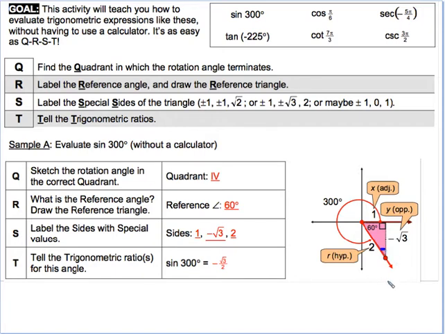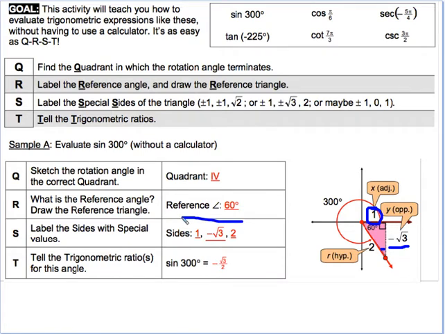We now have a special right triangle. So if I label my short side 1, then that makes the hypotenuse 2 and the long side square root of 3. But notice I have a negative here. It's negative because I'm in the fourth quadrant.